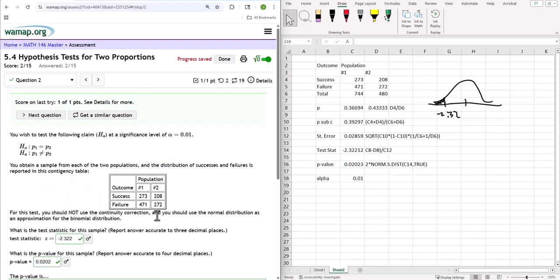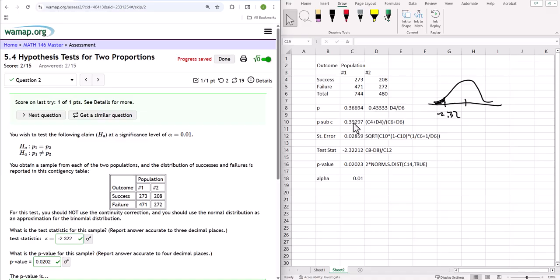So there we go. One question walked through all the way. Again, we're doing our hypothesis testing for two proportions, and we have to use the data that we have. We're given a table. We add to that to find the totals. We need the totals so that we can find our proportions for each one.